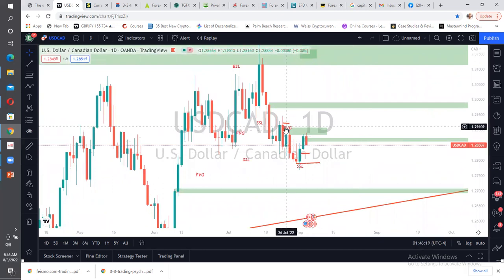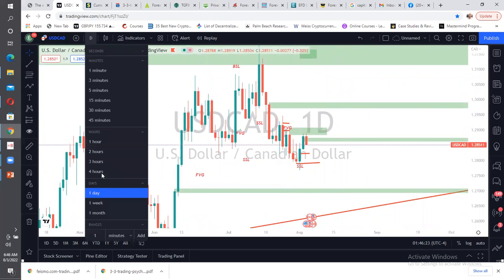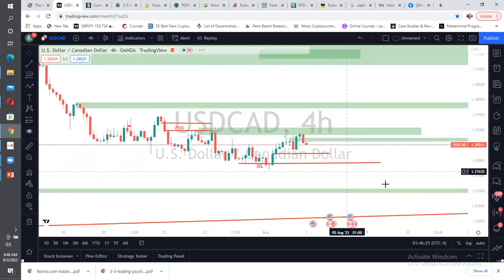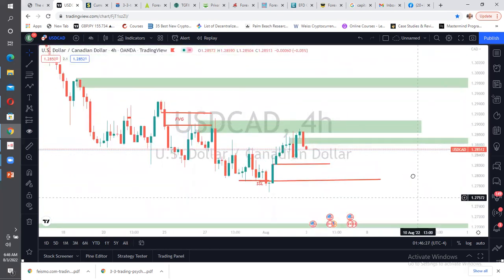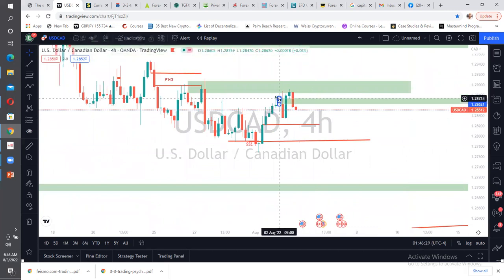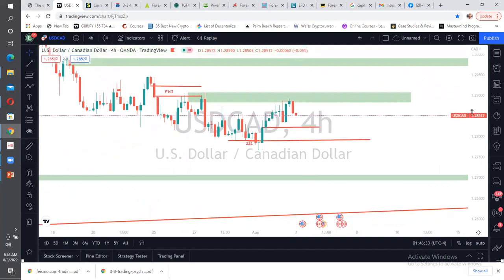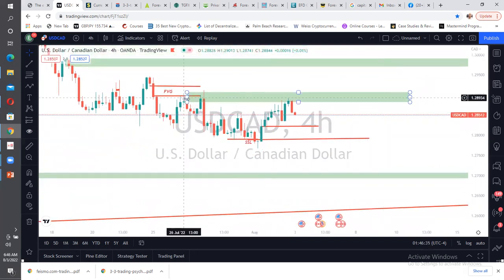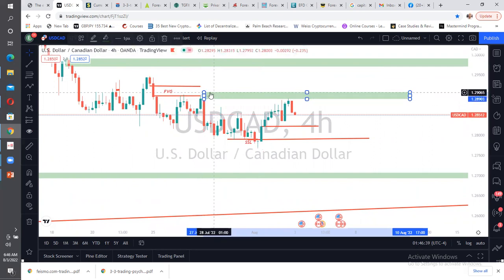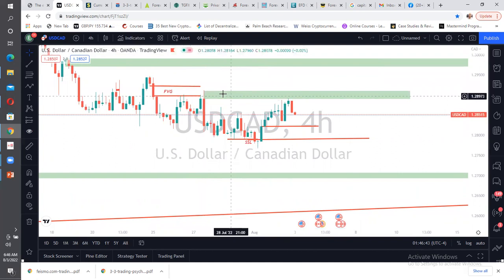All right. But then we have to be careful, as USD and the CAD are very, very related. Okay, this is what we have. So it came into this particular order block here, which also traded into this fair value gap before it flushed down.